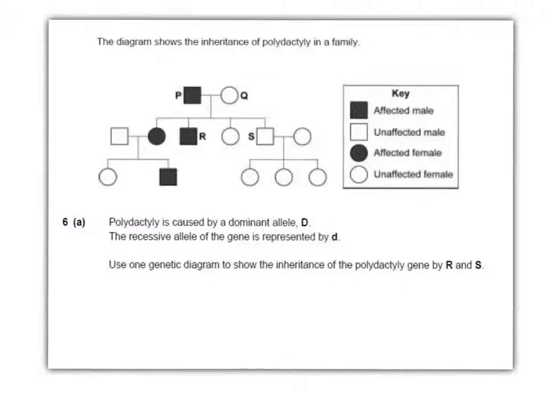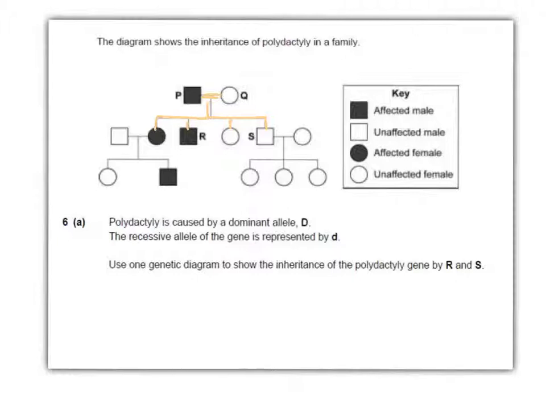First of all, you need to get your head around the key. This basically shows you that the squares represent males and the circles represent females. If they've got a line joining them together, that means they are parents, and any of the lines that come directly off the parents are their offspring.